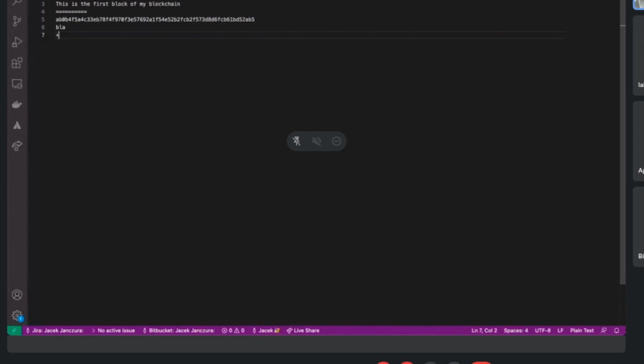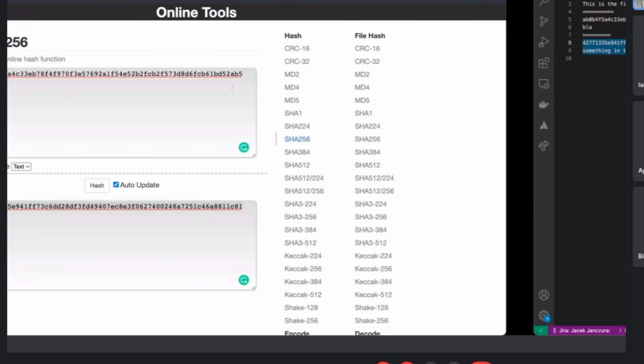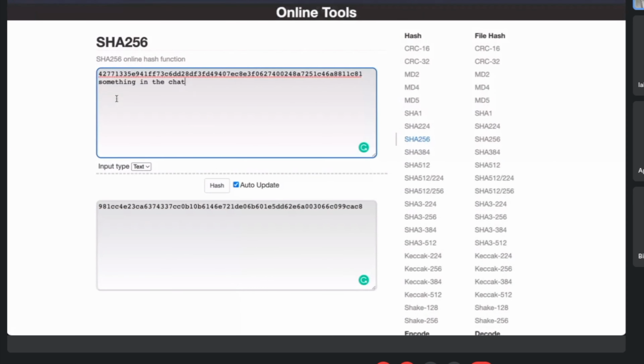So let's create a new block. We put the hash of the previous block on the top, and we take another string, which is something in the chat by Bianca. We take these two, we hash them.